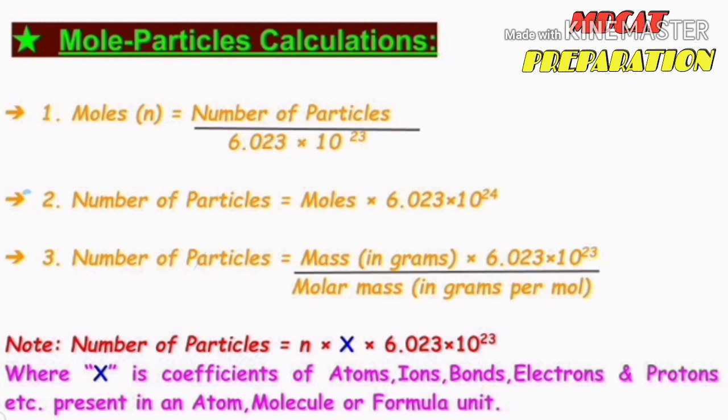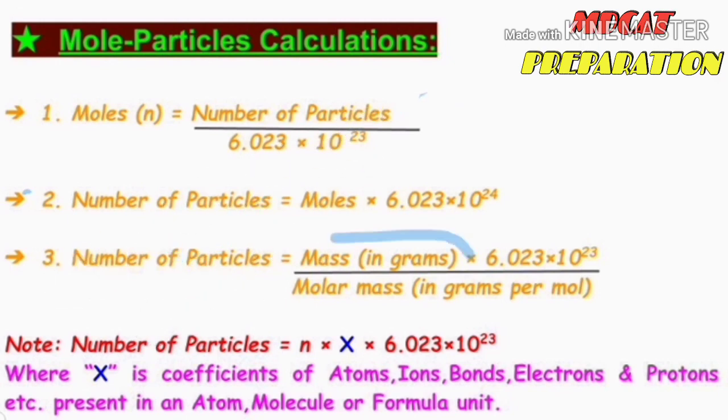We can also find the number of particles if mass is given, with Avogadro number and molar mass given. These two are constant numbers. So we must have mass in gram, which is given, and then we can easily find the number of particles by this formula.